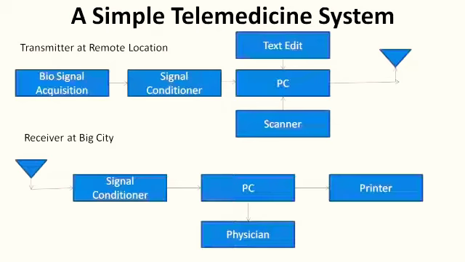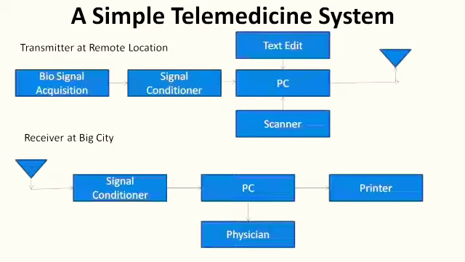For example, biosignal acquisition is a block in which different physiological parameters like the temperature of the human body, blood pressure, etc. are collected with the help of sensors, and then those collected signals are given to the signal conditioner.